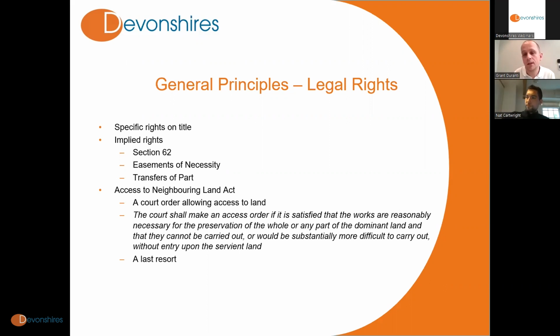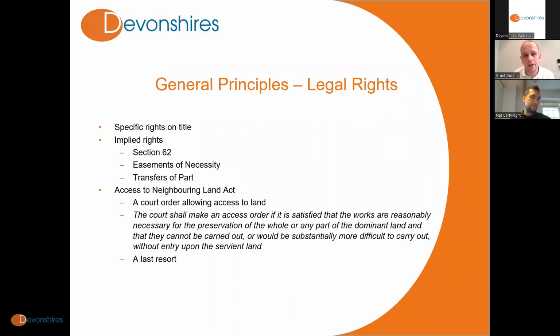If you have, for example, a landlocked piece of land, you can acquire what's called an easement of necessity, where, for example, access is totally necessary to cross land, otherwise the land doesn't, for example, abut a public highway. And similarly, in transfers of parts, where you have one freehold title, if it's split into two, there are legal mechanisms by which implied rights can be implied into those transfers, even if not written expressly.